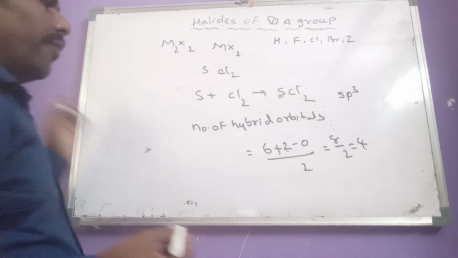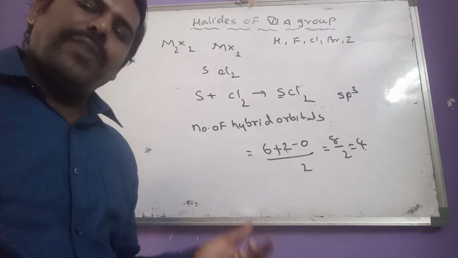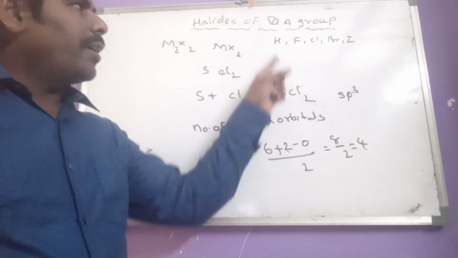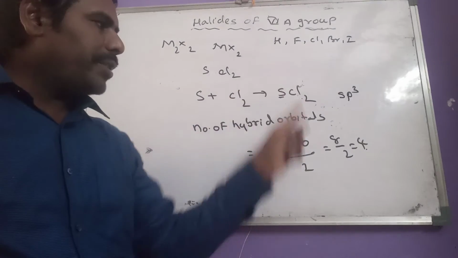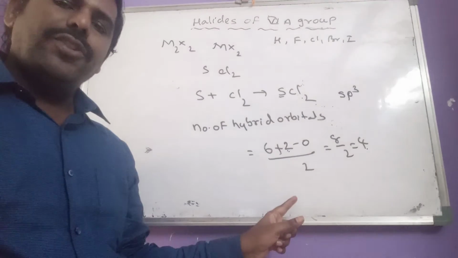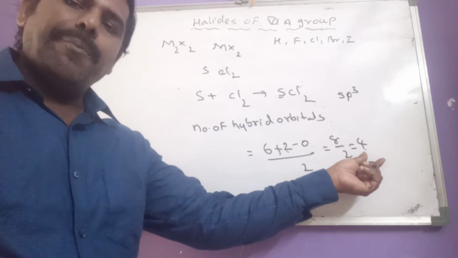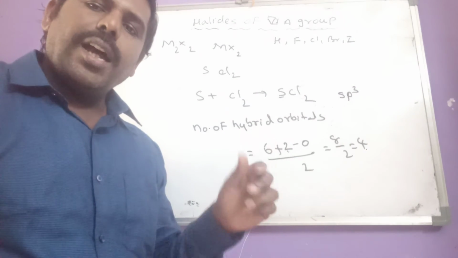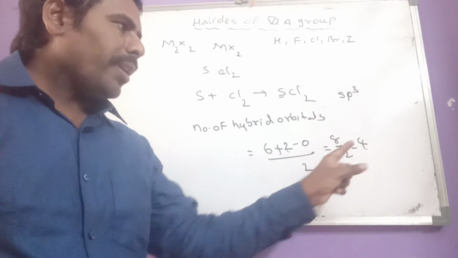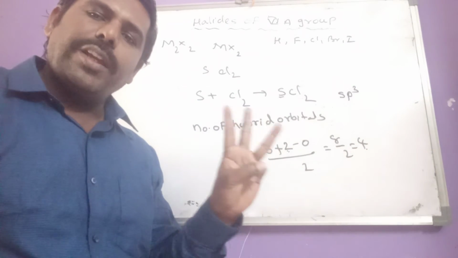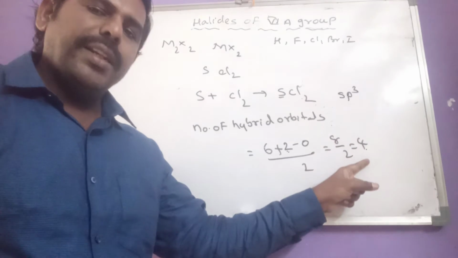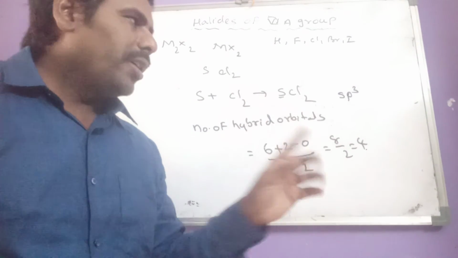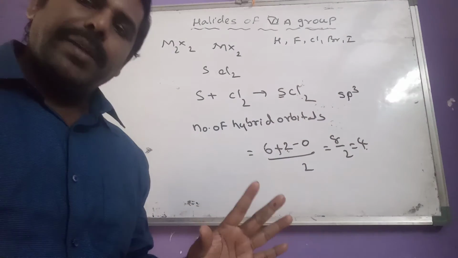So like that, the formula to get the number of hybrid orbitals is group number plus number of monovalent atoms minus charge, divided by 2. We get the number of hybrid orbitals. If the answer we got is 2, the hybridization is sp. If the number of hybrid orbitals is 3, the hybridization is sp2. As we got the number of hybrid orbitals 4, the hybridization is sp3.